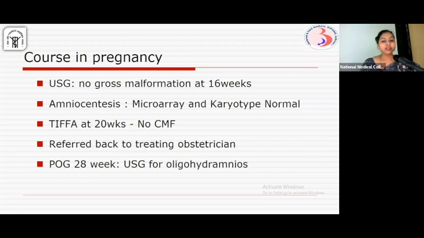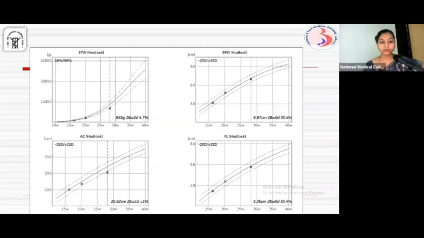The anomaly scan at 20 weeks was suggestive of no congenital malformation and hence the patient was referred back to the treating obstetrician for further antenatal care. The patient again came to us at 28 weeks with USG suggestive of oligohydramnios. So we looked at her graph, which was done at our side, at 16 weeks, 20 weeks, and at 30 weeks.